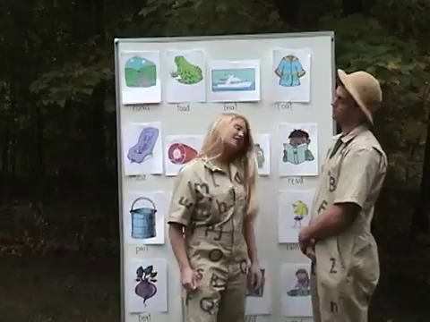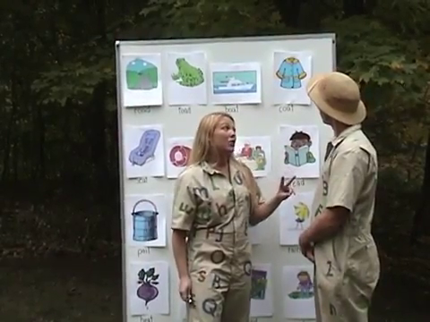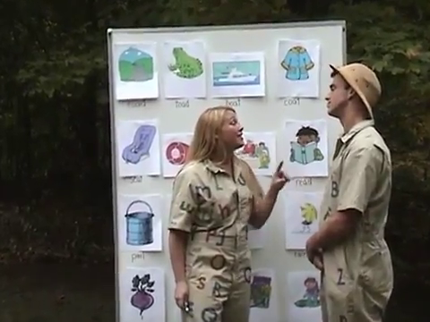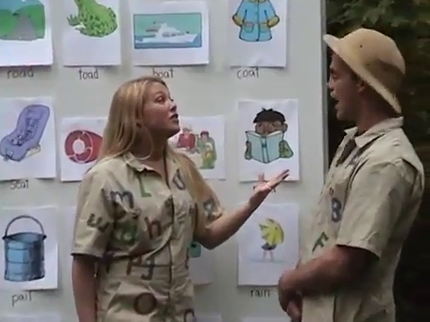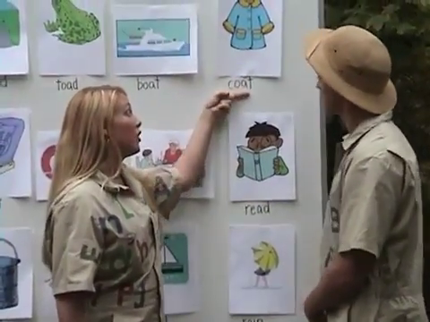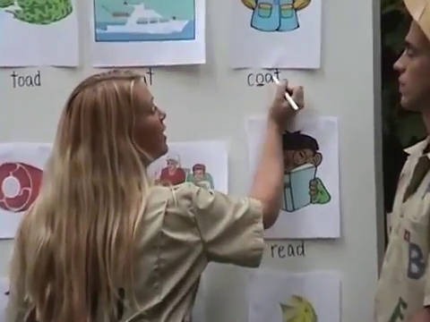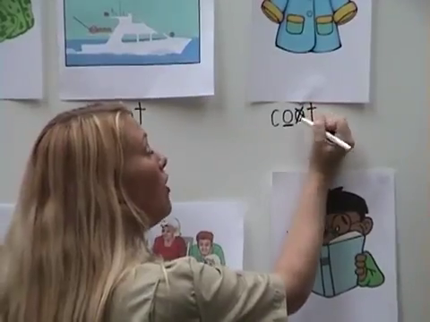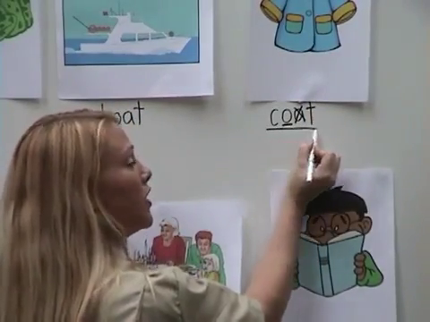Now, what I didn't tell you about the rule is that the first one that's talking makes the long sound. I see. So just like in the word coat, the first one does the talking, but it's going to be the long sound. So the word is going to sound like coat.